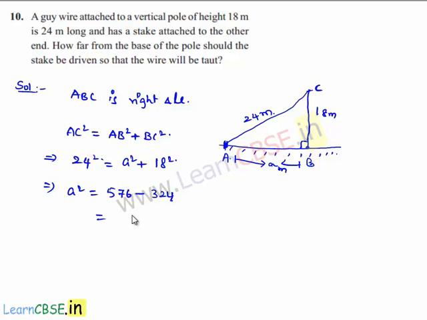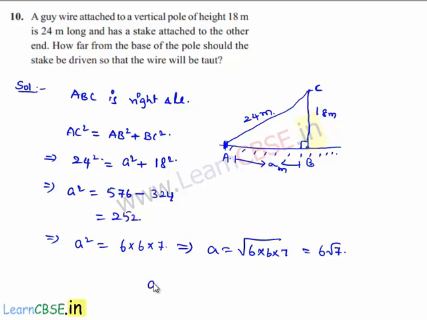Finally we get a square is equal to 252, which can be written as 6 into 7. That implies a is equal to the square root of 6 into 7, which is 6 root 7. So finally we got a equal to 6 root 7 meters. So the distance of the stake from the base to make the wire taut is 6 root 7 meters.